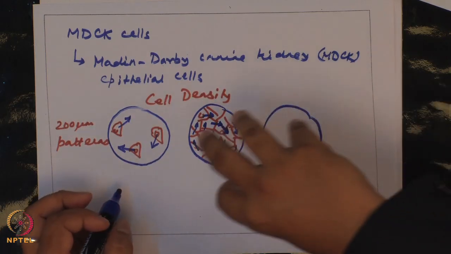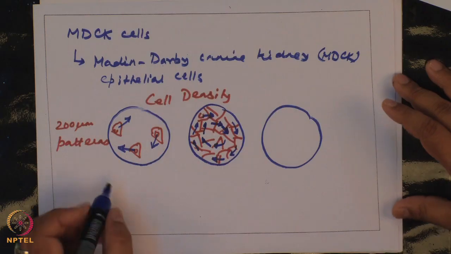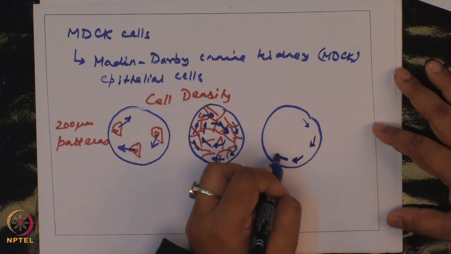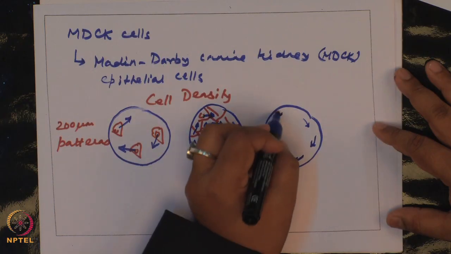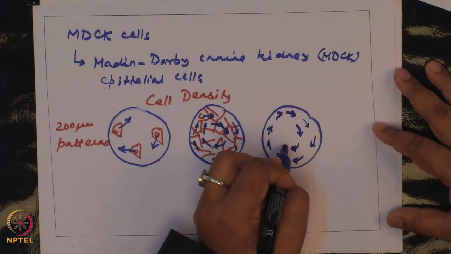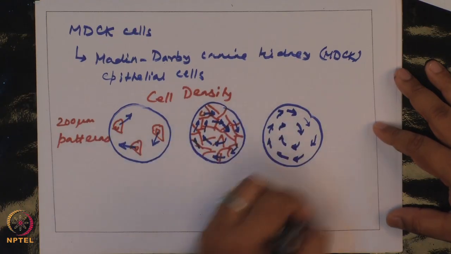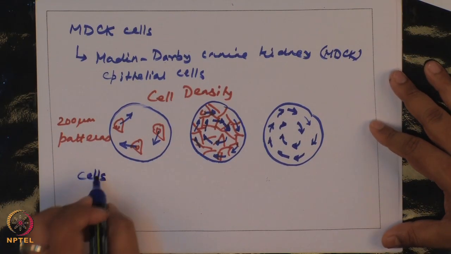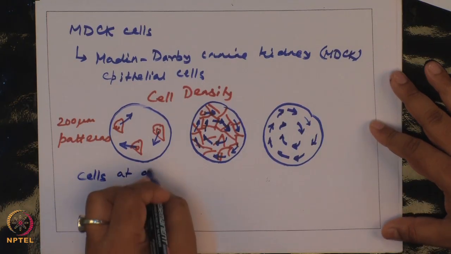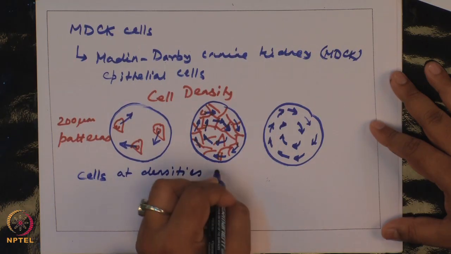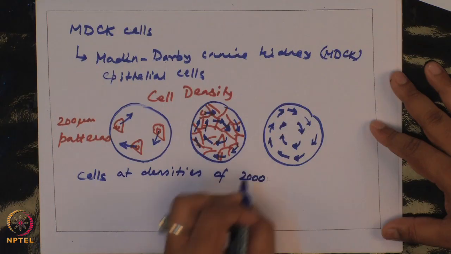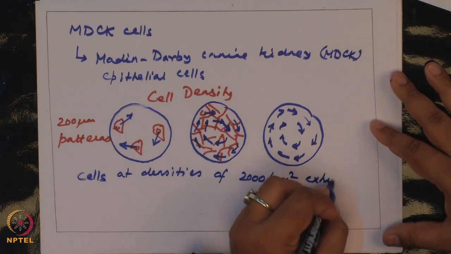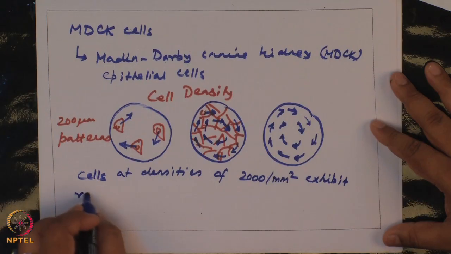It is almost like a group of cells exhibiting this rotation. If I were to draw the directions of cell migration within these patterns at confluence, you would see this complete rotation. So, the cells at densities of 2000 per millimeter square exhibit rotational motion.